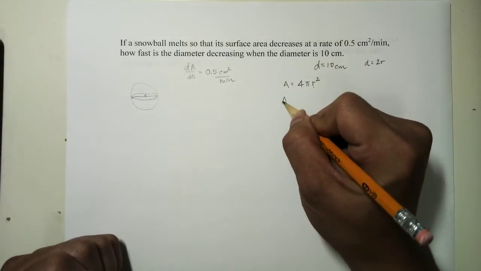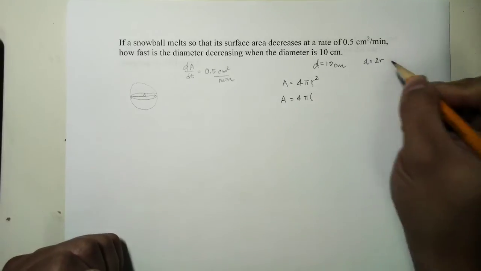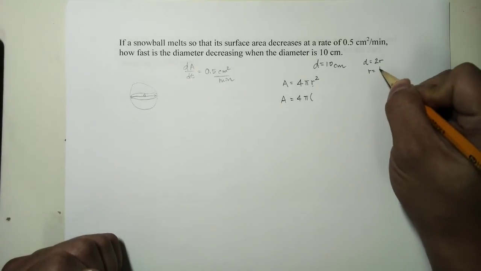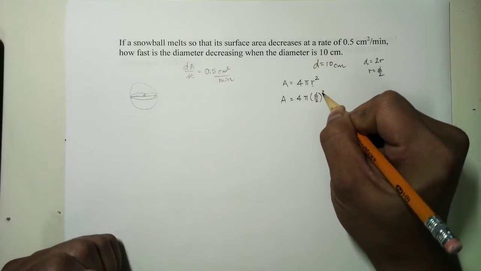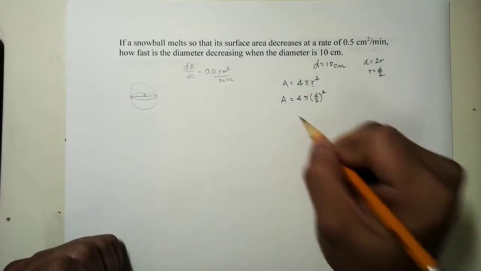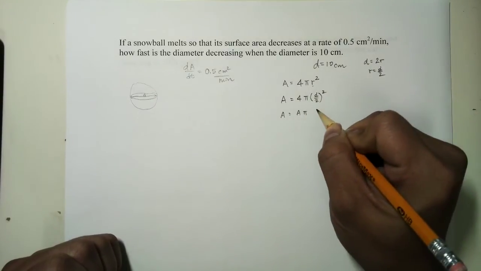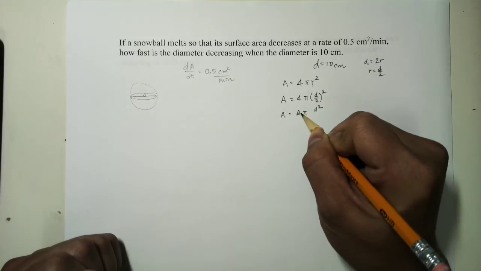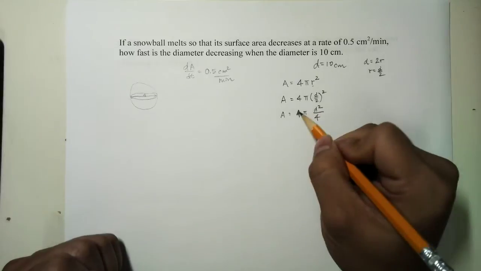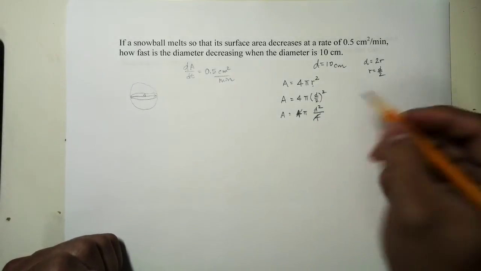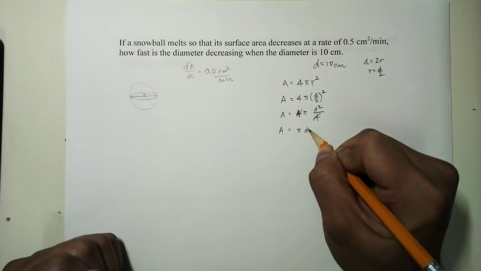So that means we can rewrite this equation as 4 pi, and r is equal to d over 2, so (d over 2) squared. Okay, let's simplify this equation. The 4 and the 4 cancel each other out, so a simplified equation is simply pi d squared.